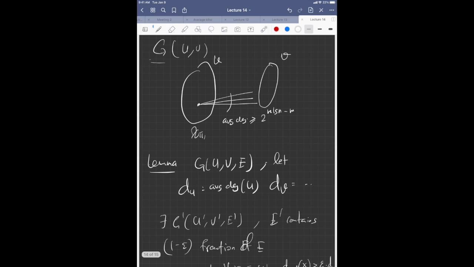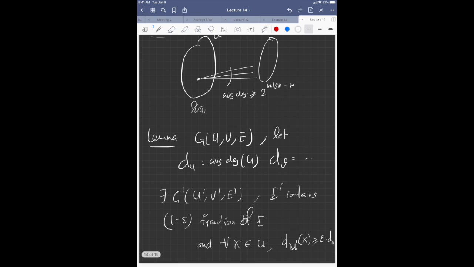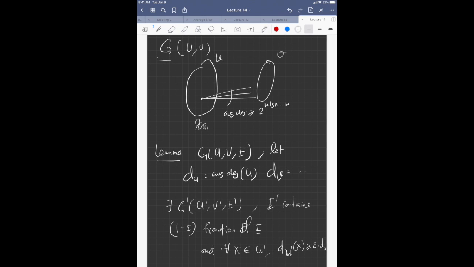So by this pruning algorithm we would have removed any vertex in U where the degree was smaller than epsilon times d_U. By doing this pruning we satisfy this condition, let me call it condition 2.